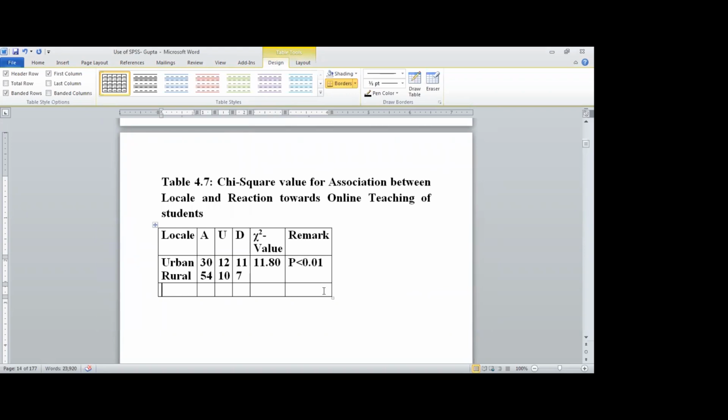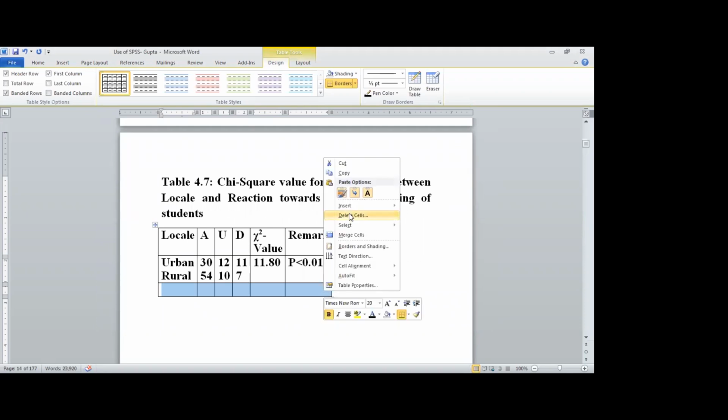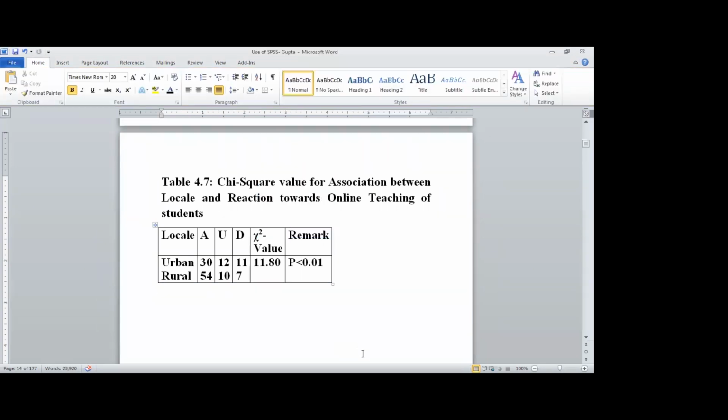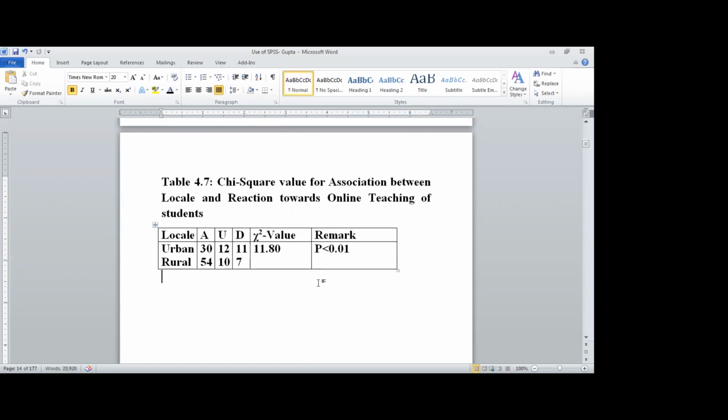Let me take out this also, I don't need it. Please do not forget to make the capital P a small p.